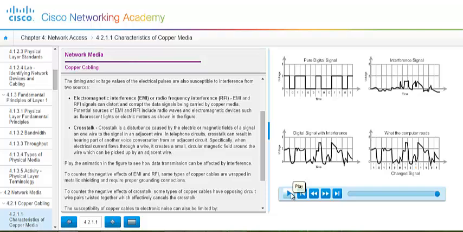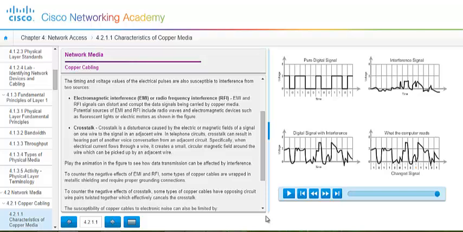So that once the signal gets to the computer, you have your pure signal, then you have your interference, and the two of those combine with each other, and then the computer reads it as garbled goop, basically, because the signal isn't in the patterns that it's looking for.